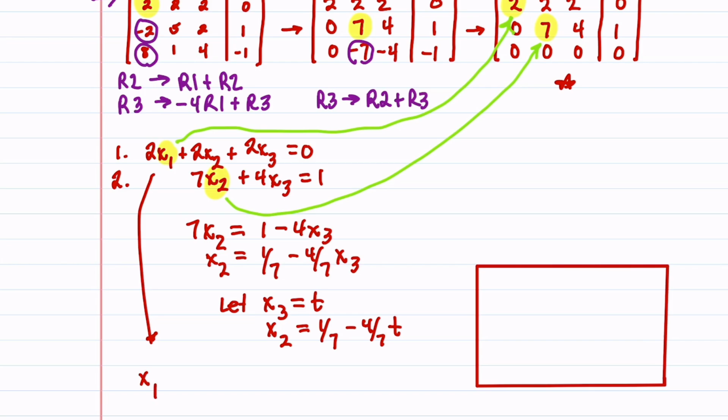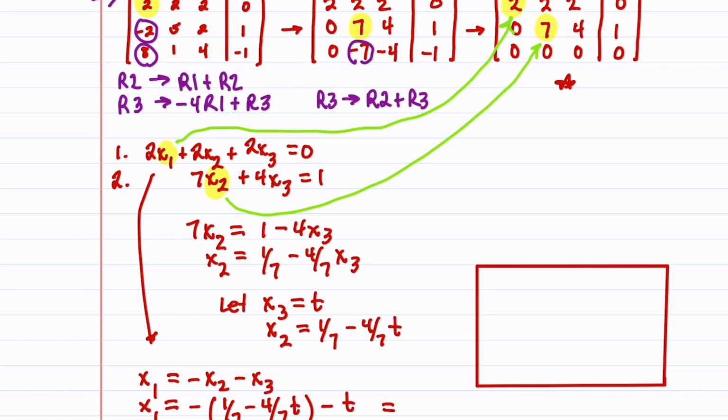So x1 is equal to minus x2 minus x3. We'll then plug in what we got for x2 and x3. So minus, and in the parentheses, we plug in x2, 1/7 minus 4/7 t, minus x3, which is t.